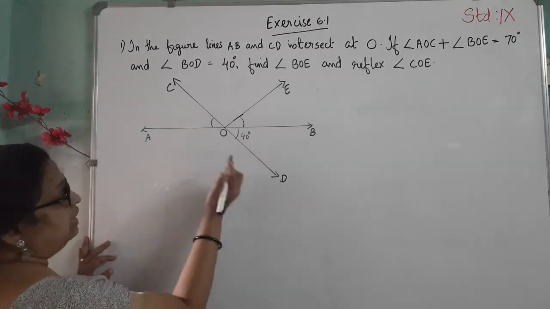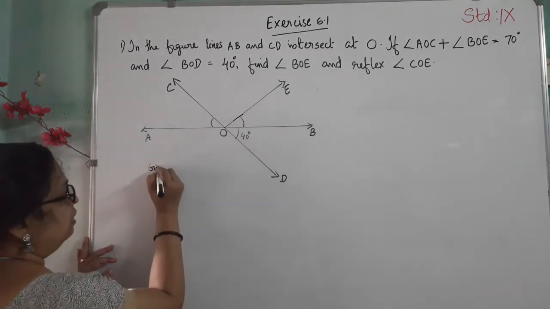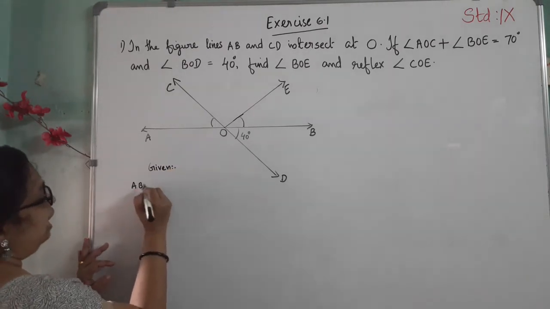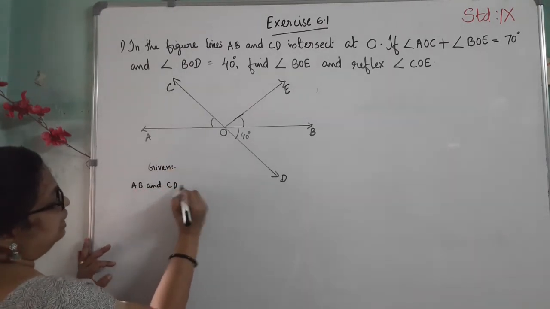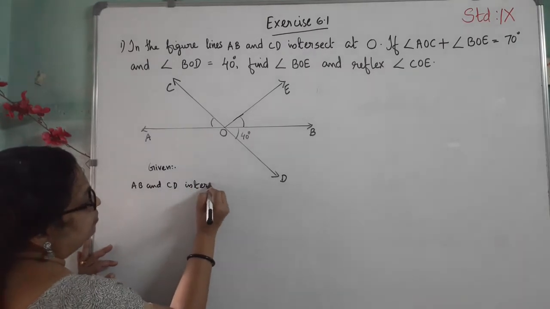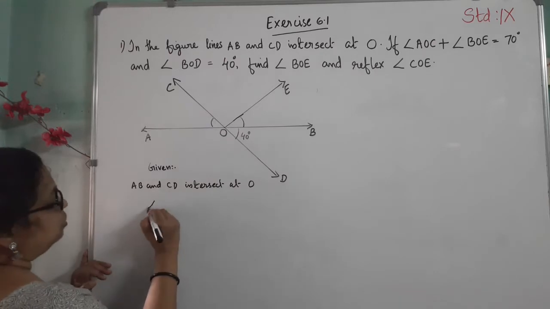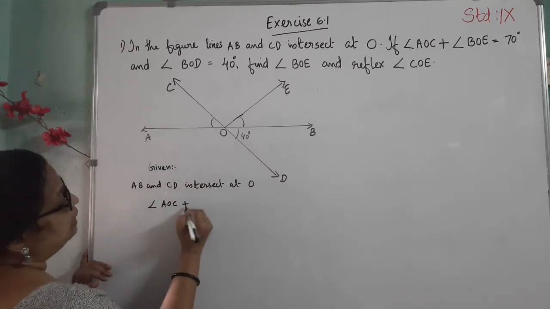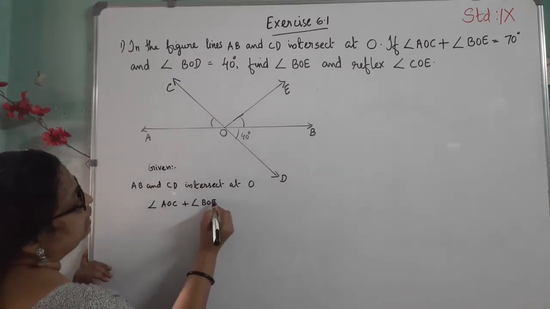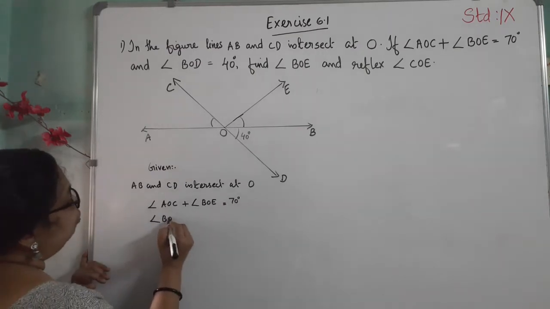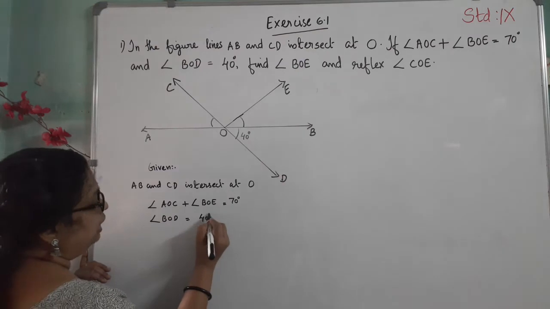Whatever is given, we can write: AB and CD intersect at O, and angle AOC plus angle BOE equals 70 degrees, and angle BOD equals 40 degrees.